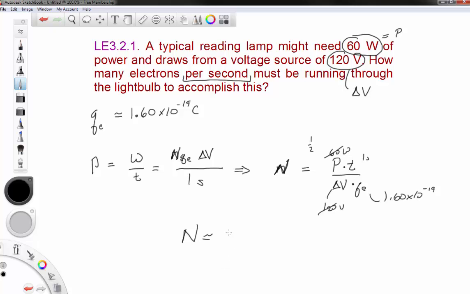And so this gives us about 3.125 times 10 to the plus 18. So this is how many electrons should be flowing through our light bulb per second. Every second that you're running your light bulb, about 3 times 10 to the 18 electrons are moving through the little filament that causes the bulb to light up.